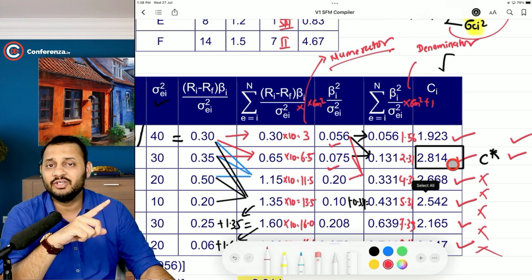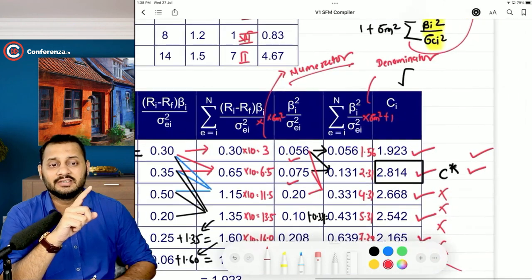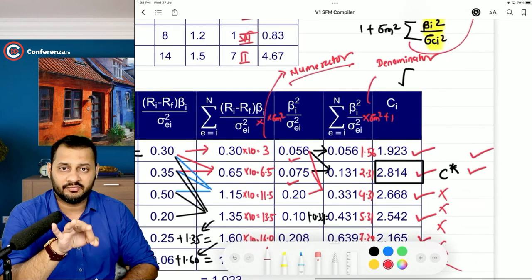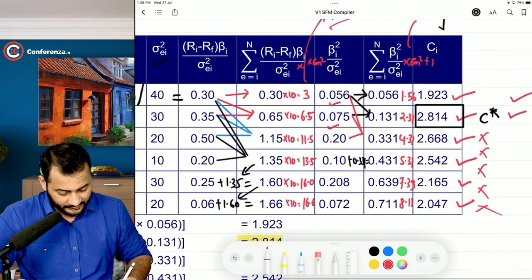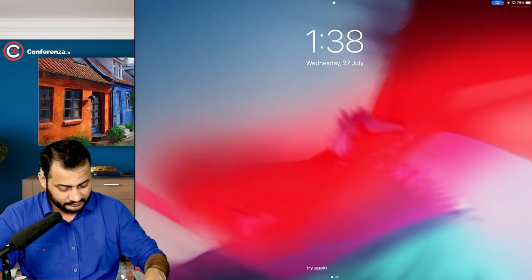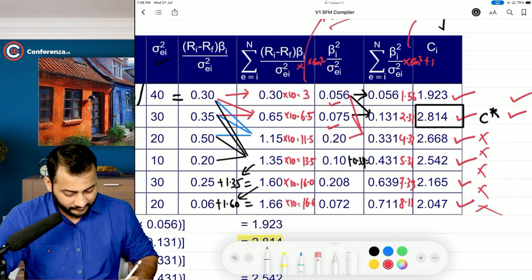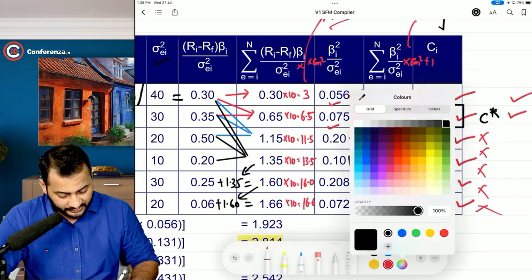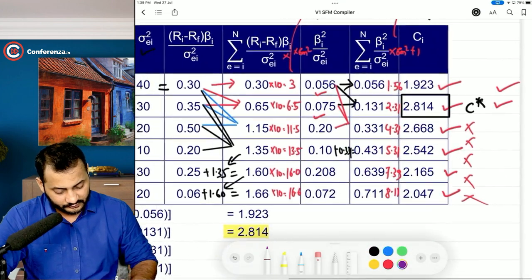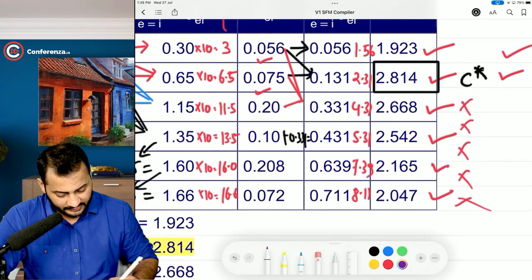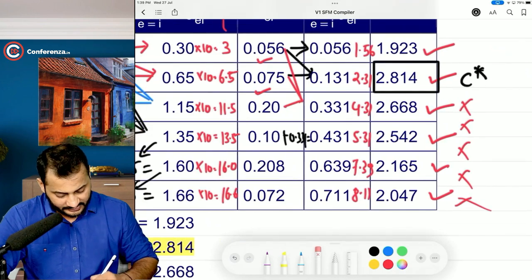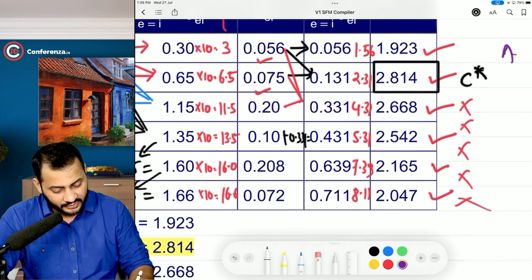This is not the value of only F. This is the value of A and F. See, I will tell you. Just a second. If you remember, the moment we did cumulative, we also mentioned one thing, that the securities that are included in the first is A only. In the second one, it is AF.